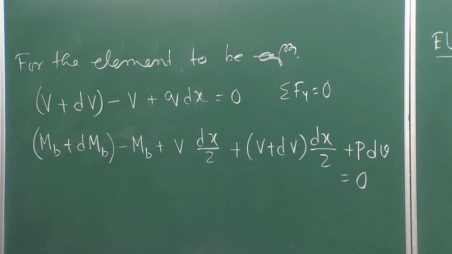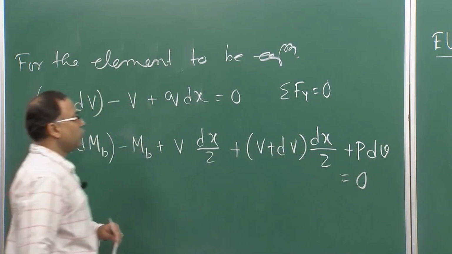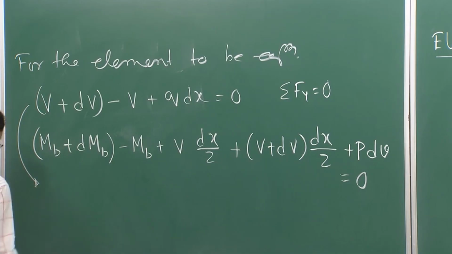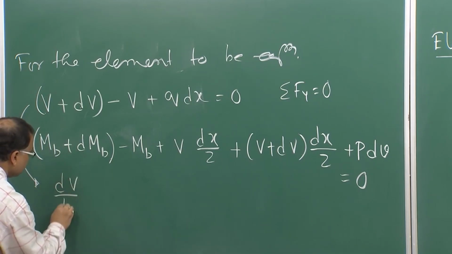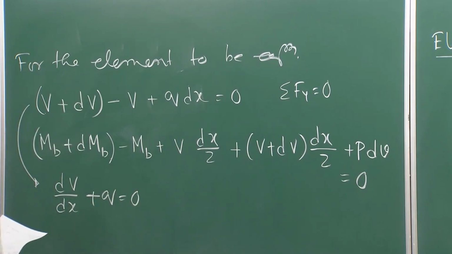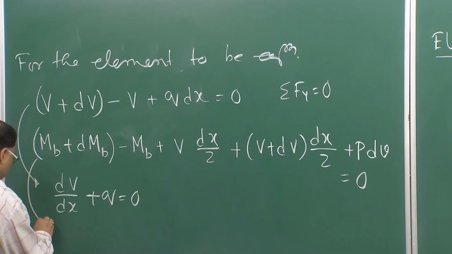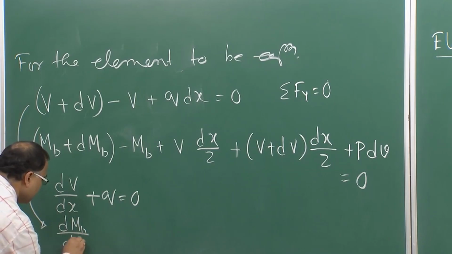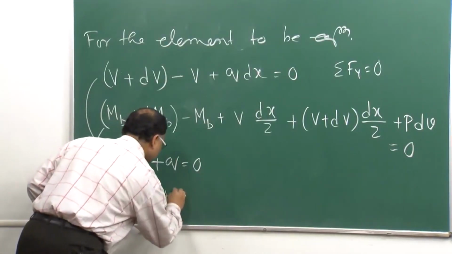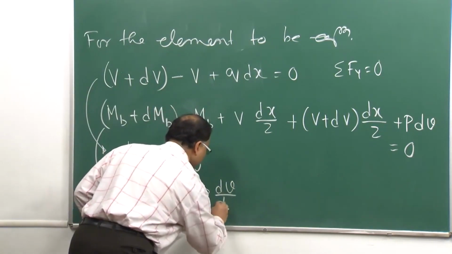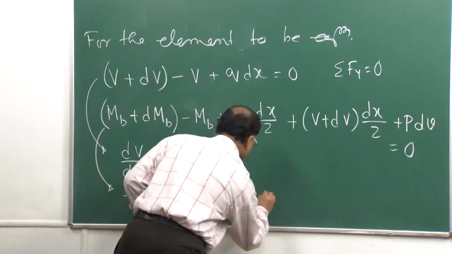Now we are neglecting the higher order terms like dV dx and all those things. From this we can simply write dV/dx plus Q equal to 0, and from the moment equation I can write dMB/dx plus V plus P into dv/dx equal to 0.